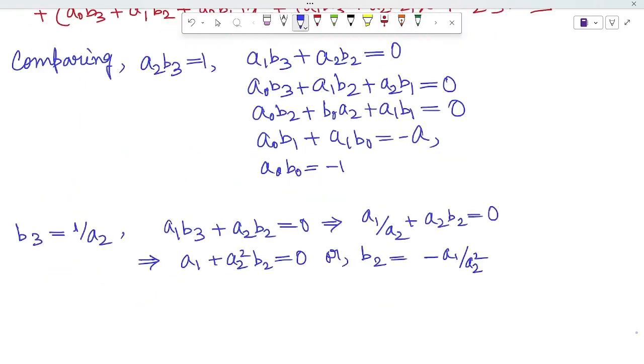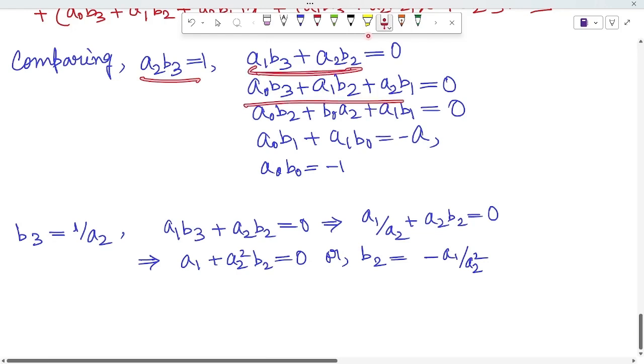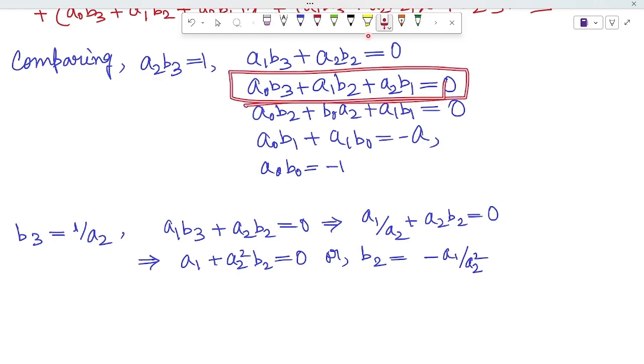What is B1 then? So I have used this equation, this equation. Now B1 we can get from this. So what is B1?